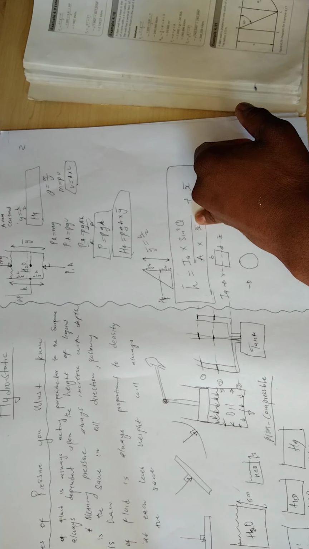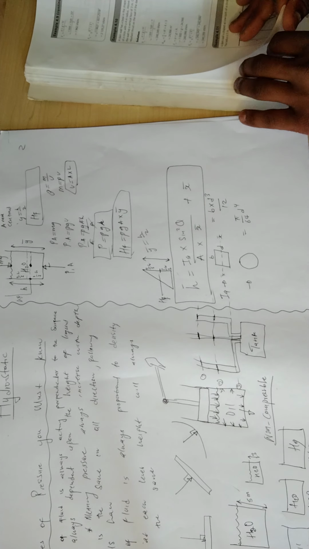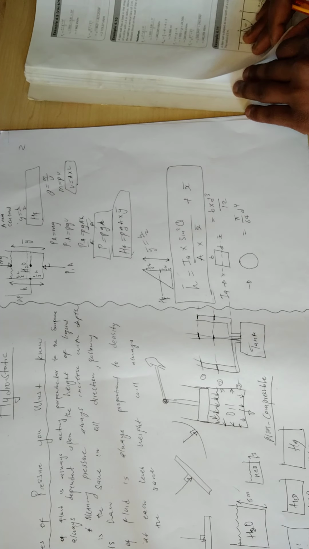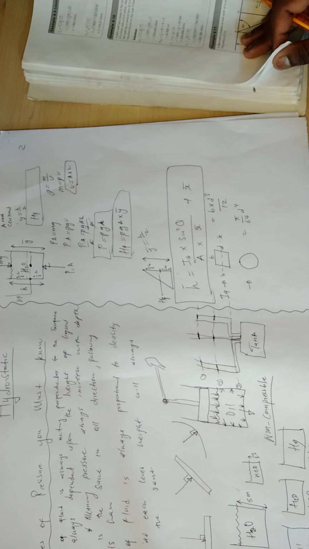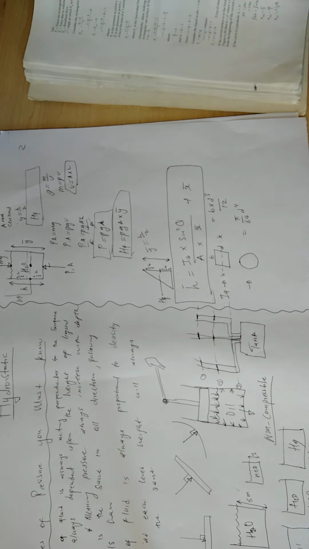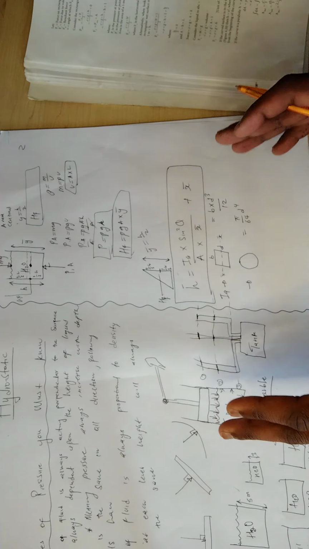So this is what is happening with the formulas. And I need you to be aware of something. When it comes to these calculations, you always have to make sure you get the correct area. If you get the area wrong, you're going to get everything wrong.